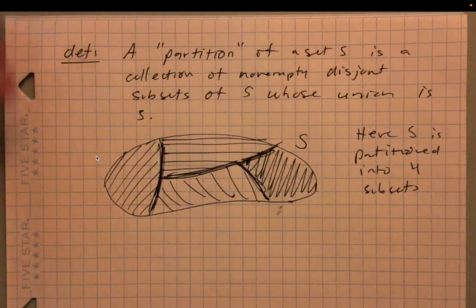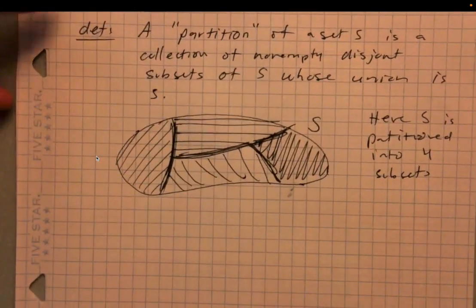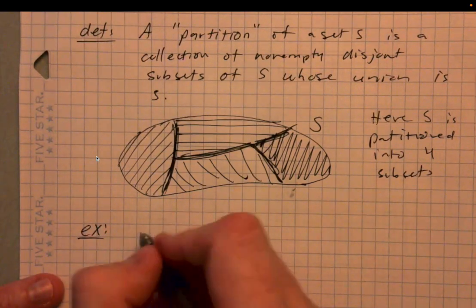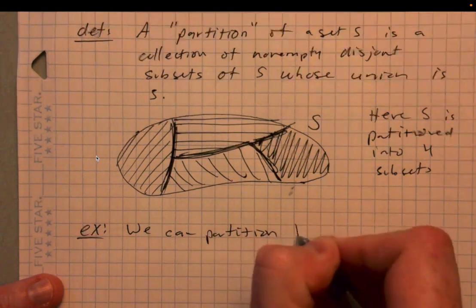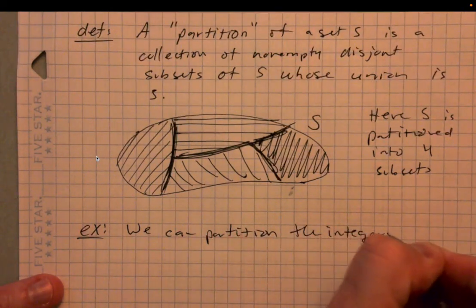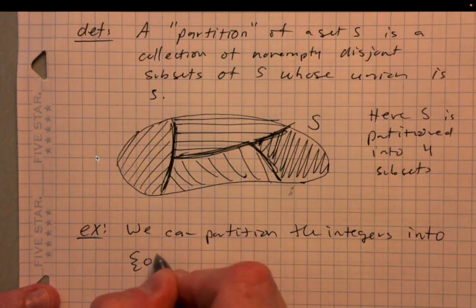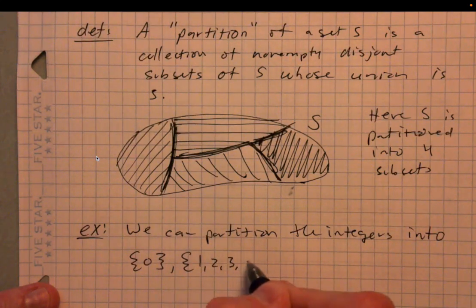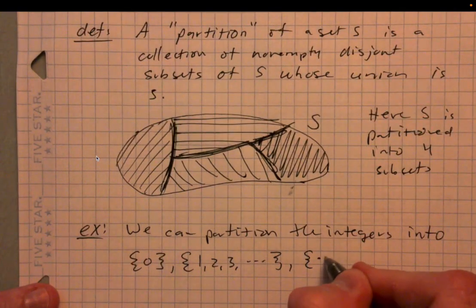Okay, let's see an example really quick. So that's the classic drawing of a partition. A basic example would be that we can partition the integers into the set containing 0, the set of positive integers, and the set of negative integers.